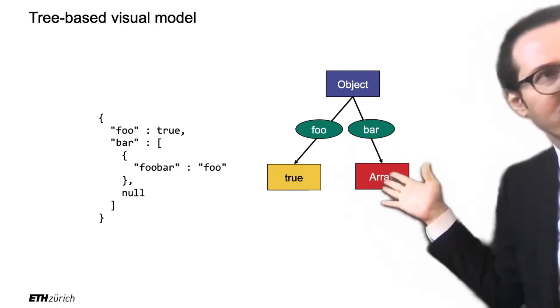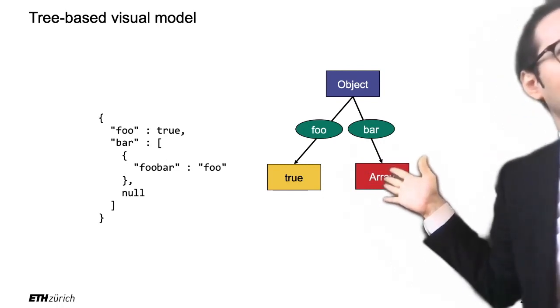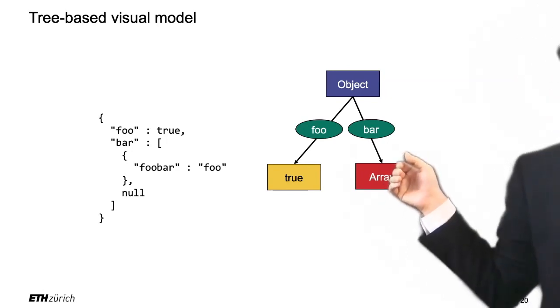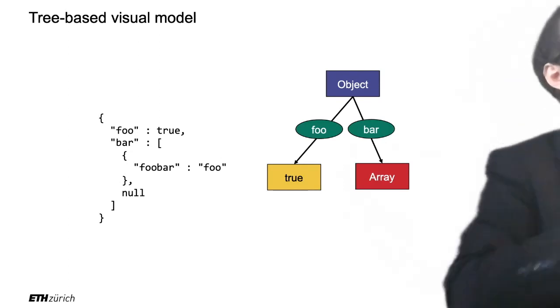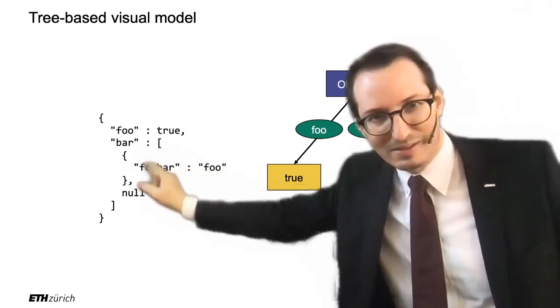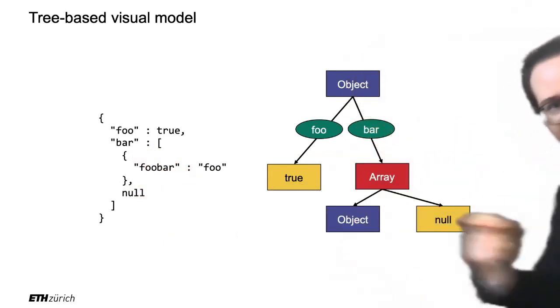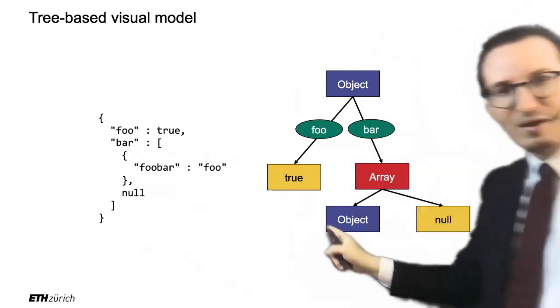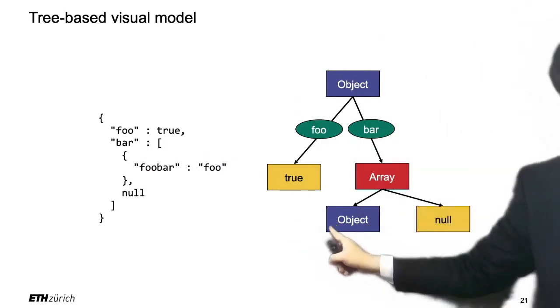What do we have under the array? Anybody? Yes, go ahead. We have an object and a null value. Yes, so we have the object and a null. You see here, the object is here and the null is right there. Okay, what do we have in the object?